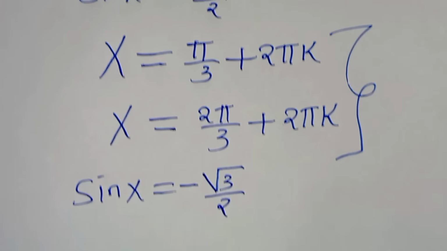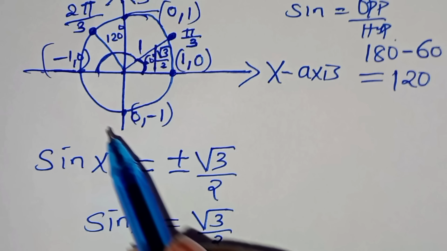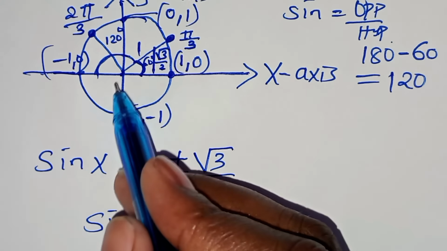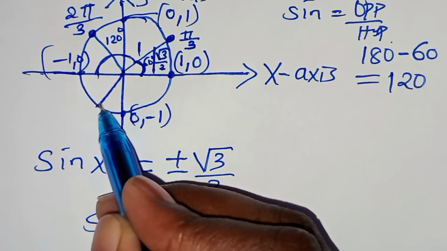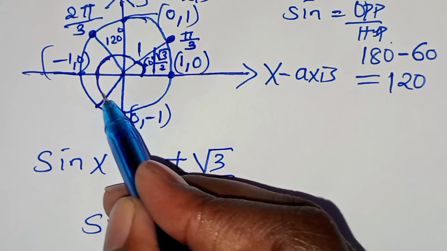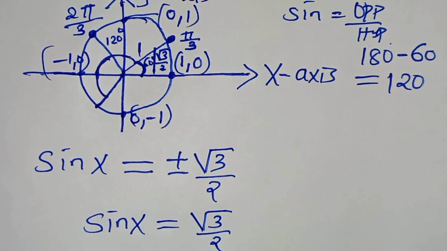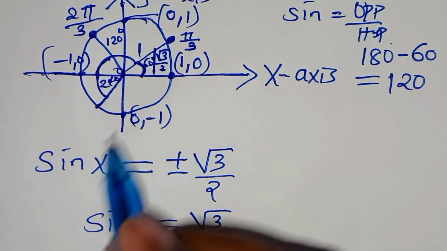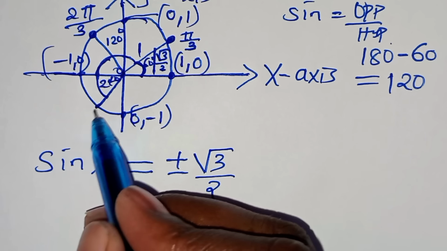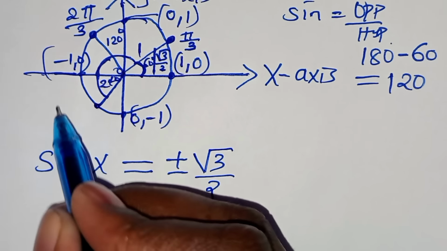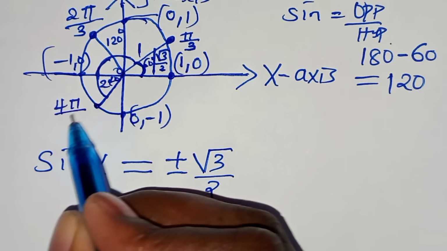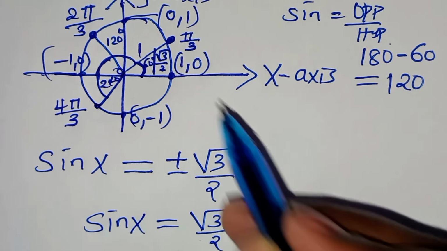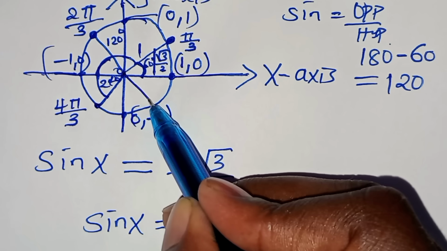Now these are the angles below the x plane. So here we have 180 plus 60. This is equal to 240 degrees. We have 240 degrees here. And in terms of radians, this is 4 pi over 3. Then again here, we have another angle.